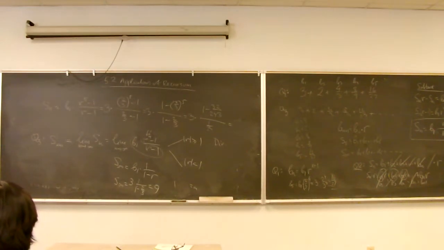So that was geometrics. The question is, why didn't I ask the same question for arithmetic sequence? Why didn't I ask for infinite sum on arithmetic sequence? It always diverges because members never approach 0, because you have that n.